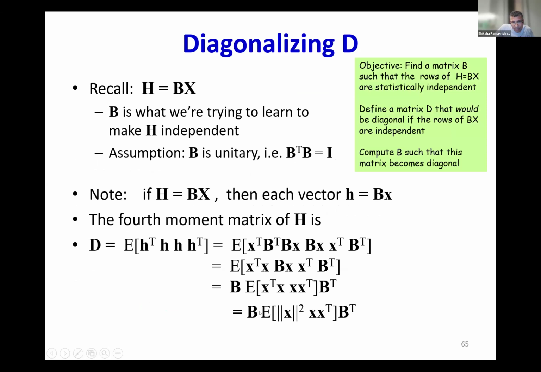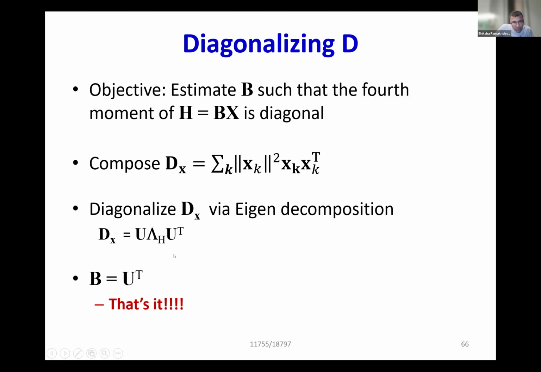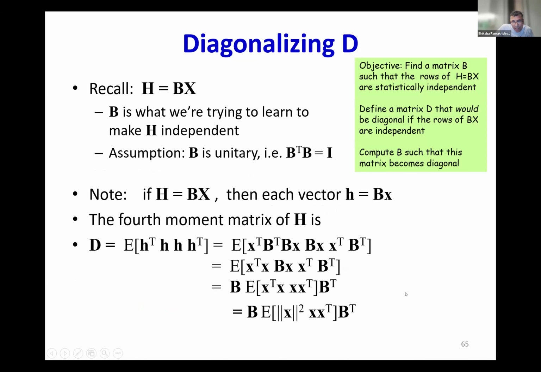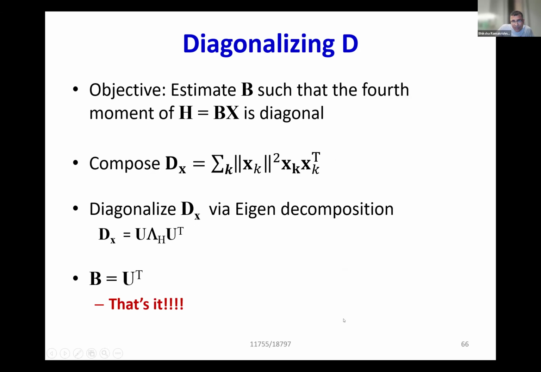And then I can just set B to be equivalent to U transpose. And if I do this, then this matrix becomes diagonal, right? Do you see this, guys? What about the rest of you?